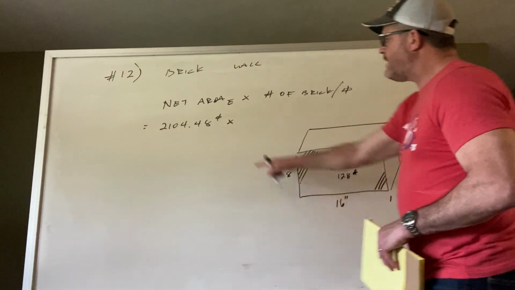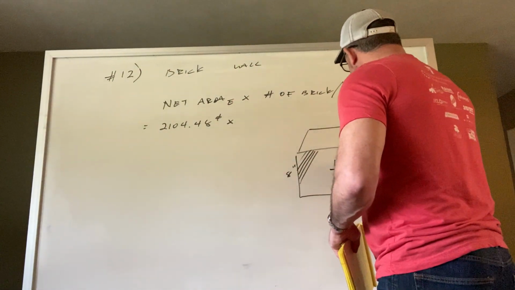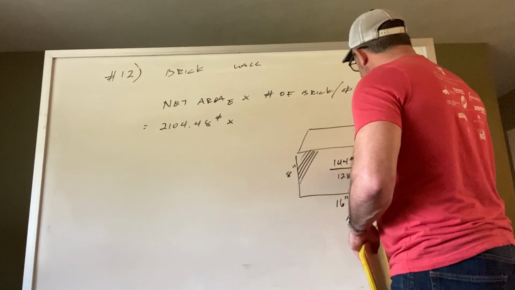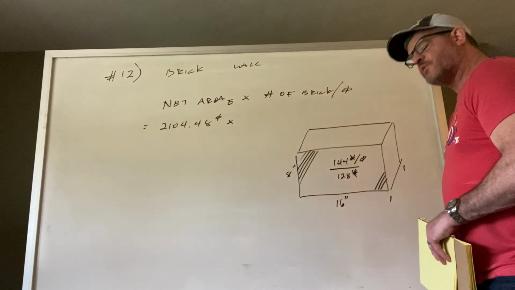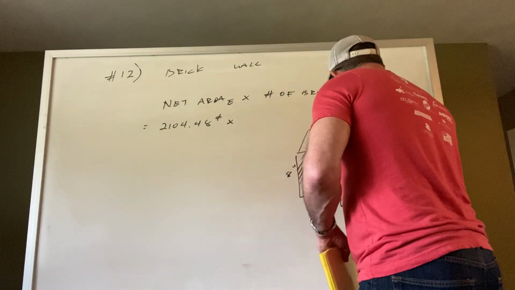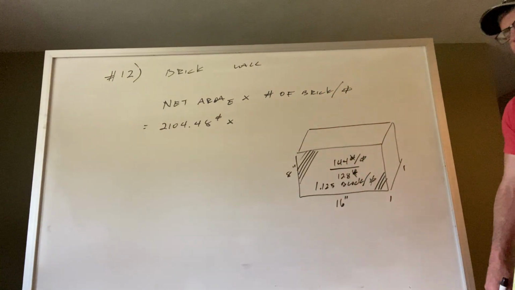Okay, what do I want to be in? I want to be in square feet, just like with our block. So I've divided that into 144 square inches per square foot. My square inches canceled, and I got 1.125 block per square foot. Okay, that's what I used in my last calculation.